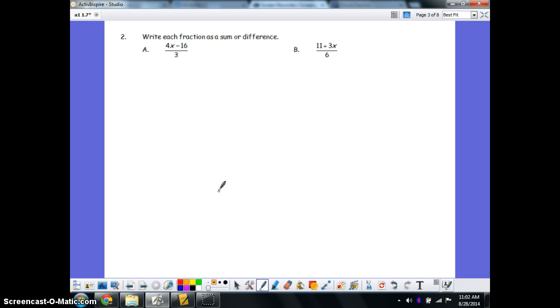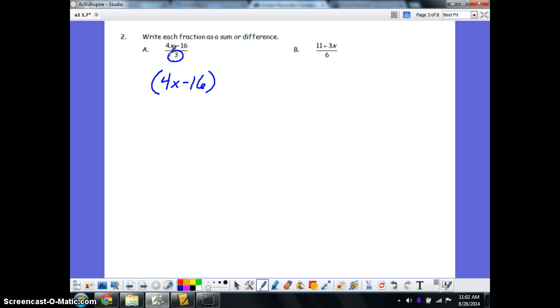How this applies to the distributive property, you'll notice that in this first example, we have a quantity 4x minus 16 that is being divided by this 3.